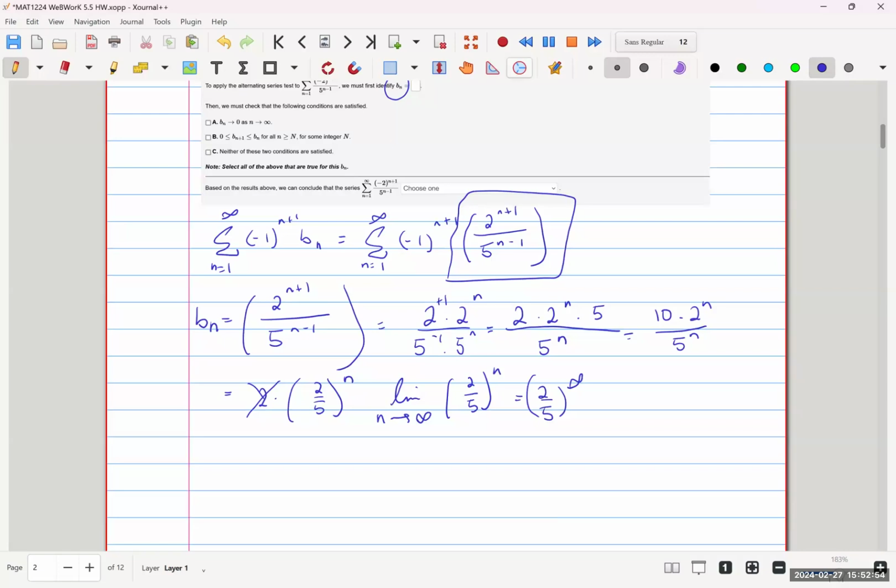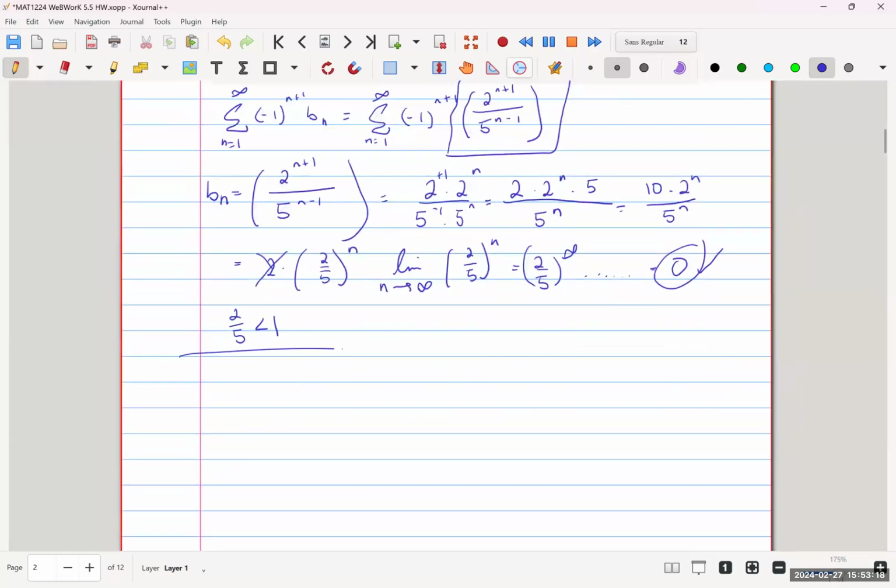And since 2 over 5 is less than 1, this number is going to get smaller and smaller each time n grows, because it's a fraction. So this limit is equal to 0, which means condition A is satisfied, which is perfect.